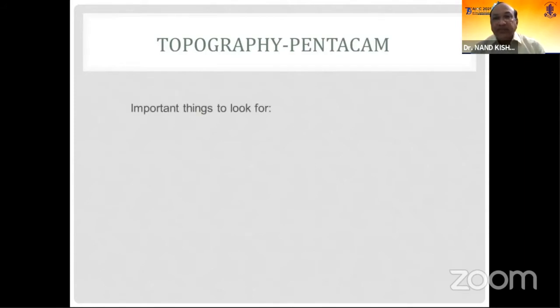So the Pentacam is a rotating Scheimpflug device, and it's considered today as the gold standard for so many things apart from identifying keratoconus and for evaluating a patient for LASIK. The important things to look for in a Pentacam are, you have to know the QS value, which is the quality specification.